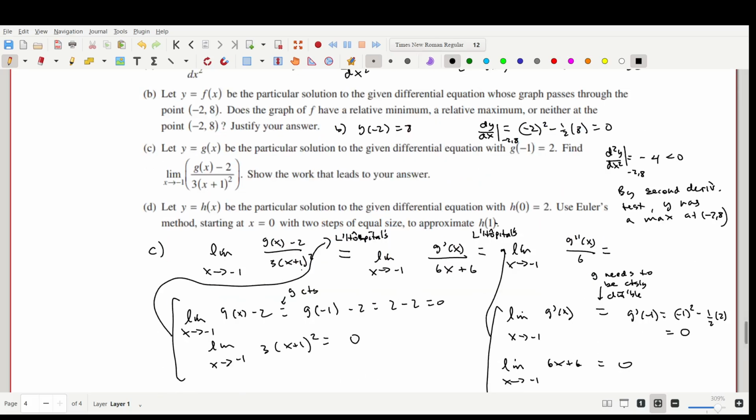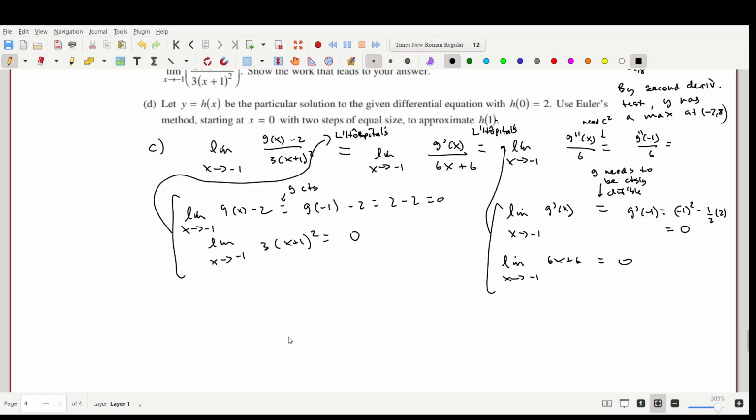Okay, they're actually saying it's C2. That's weird. So it needs C2 here. C2 means twice continuously differentiable. Anyway, it's g double prime of negative 1 over 6. And then you can actually calculate that. I'm really running out of space here.